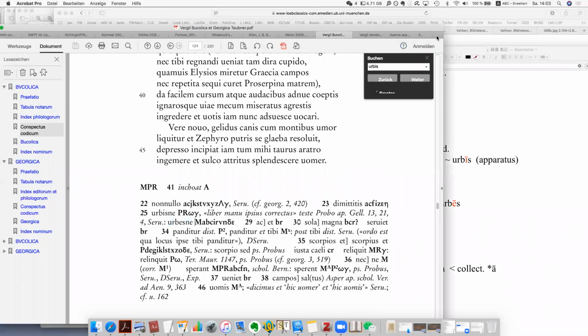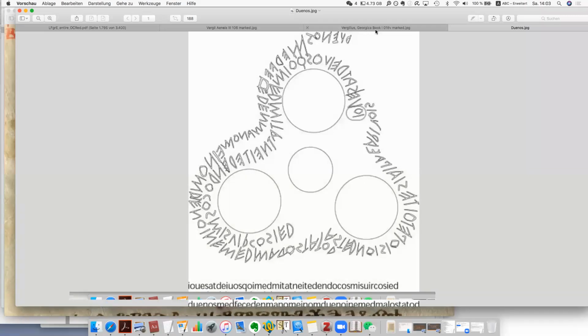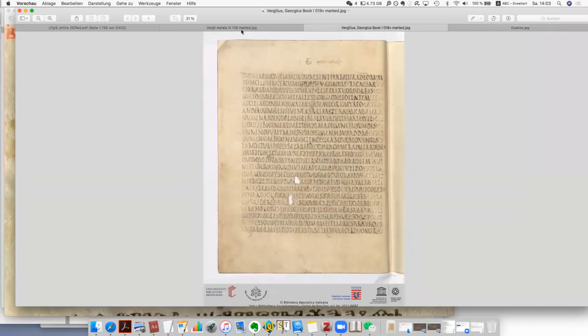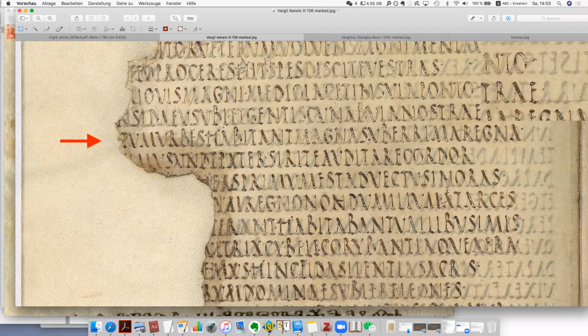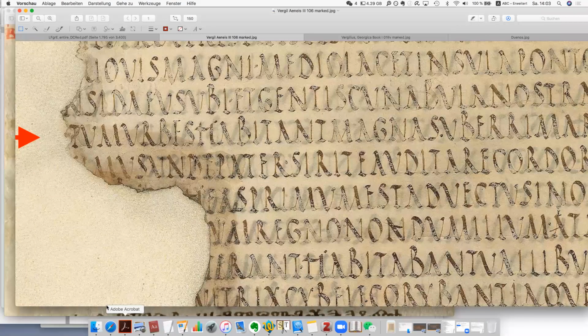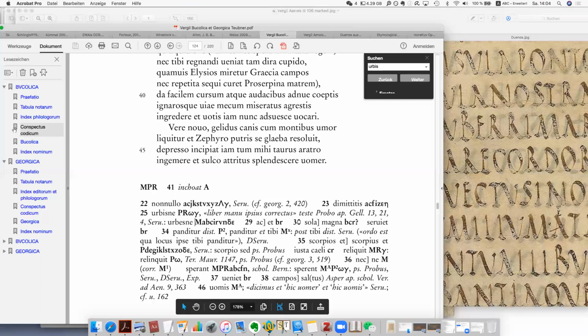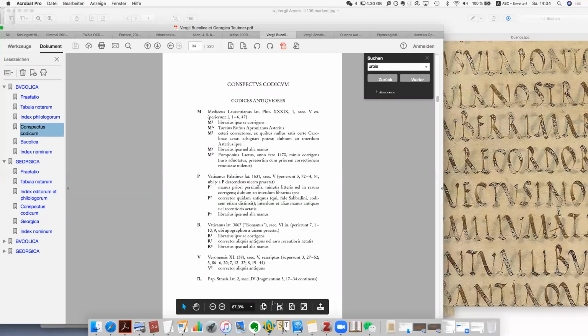So the first manuscript, I also sent it to you. So this is a manuscript of the Aeneid, Aeneid book 3, line 106. So this is actually the M manuscript. I probably should go back first to the information.